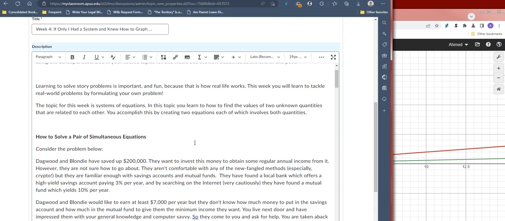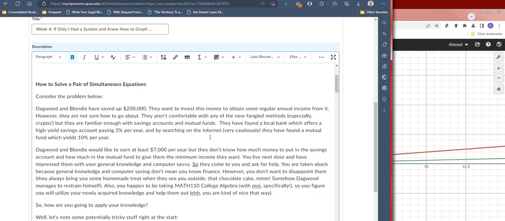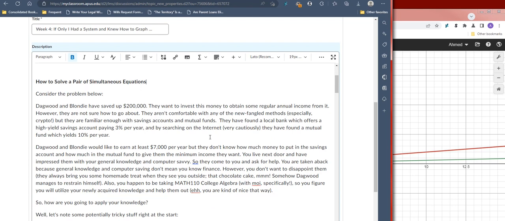Yet, there's one other thing. They also want to be able to earn an interest of about $7,000 per year combined on those two investments, right? Okay, so one, we have two investments at two interest rates, and number two, we want to earn $7,000 in interest combined from both of those investments. Okay, great. So now what?